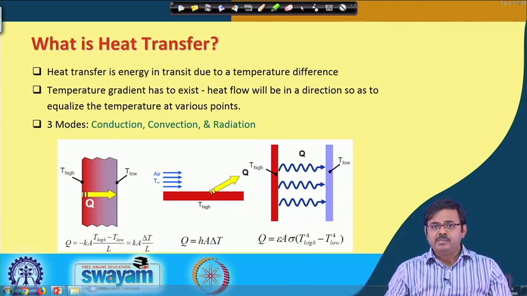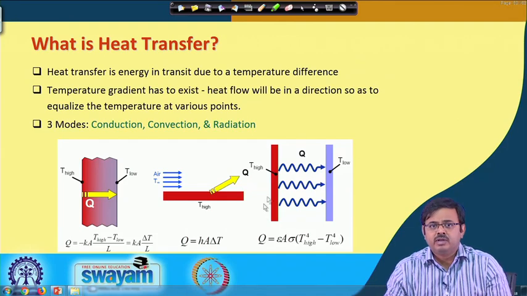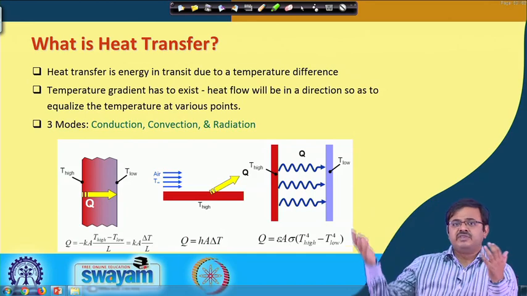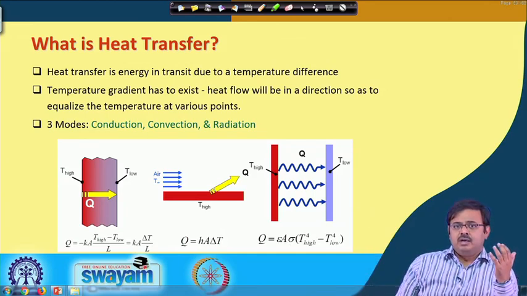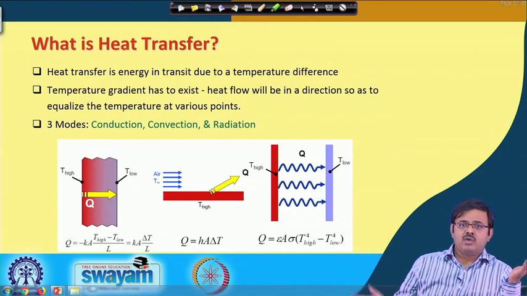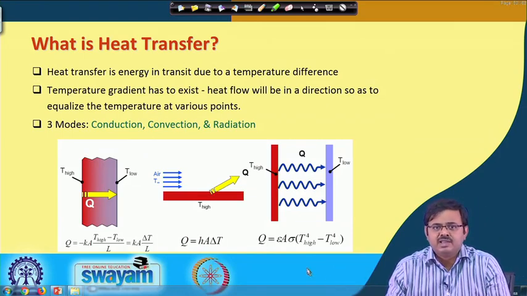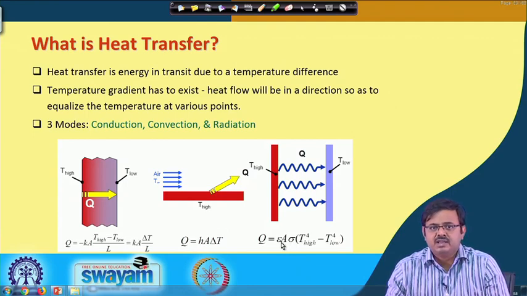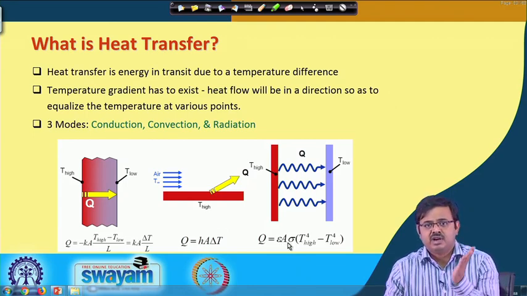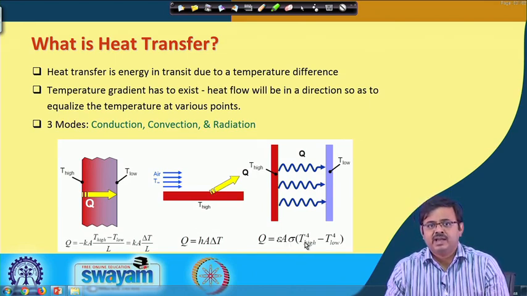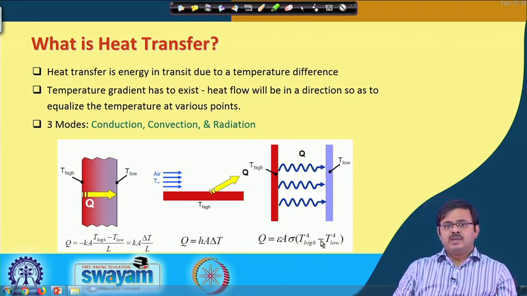Okay. In a very simple case where one surface is emitting radiation and it is received by a large surface around it, a simple expression as shown over here is sigma epsilon A, where A is the surface area of that plate that is emitting radiation and that is at the higher temperature, times the difference of the fourth power of their absolute temperatures.